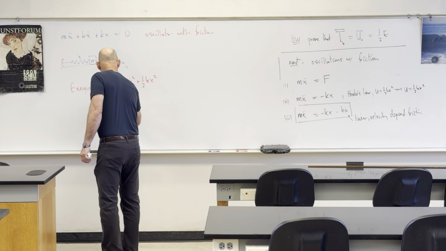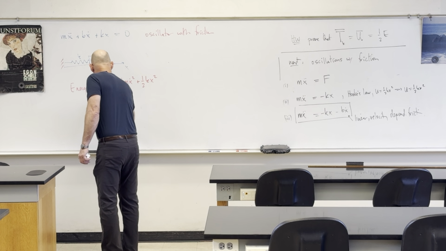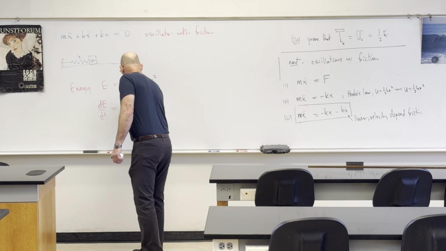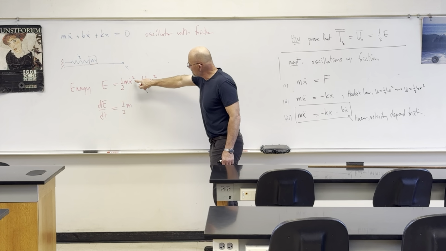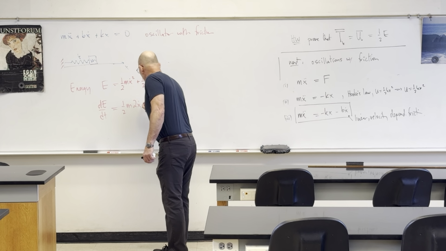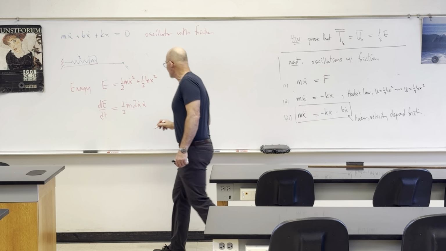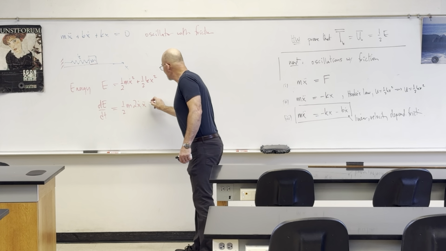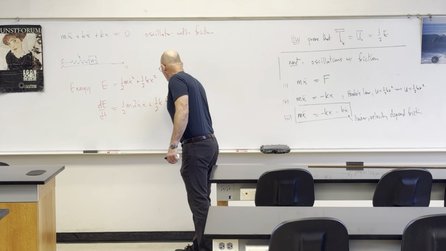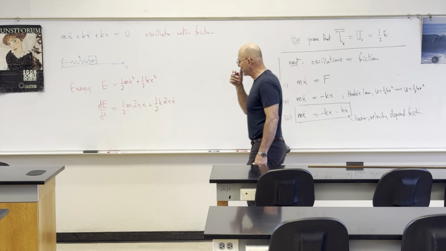We have dE/dt is 1/2 m, and now we're going to do the time derivative of x dot squared. We've got a chain rule. We've got 2 x dot x second derivative. And then we have the time derivative of this one, we've got a 1/2 k 2x x dot.